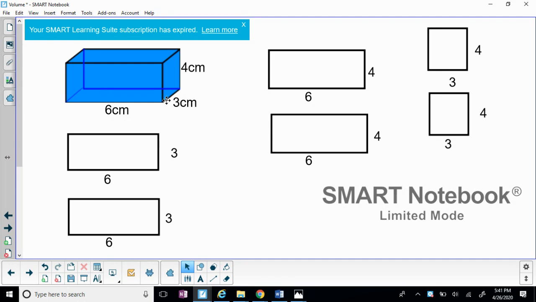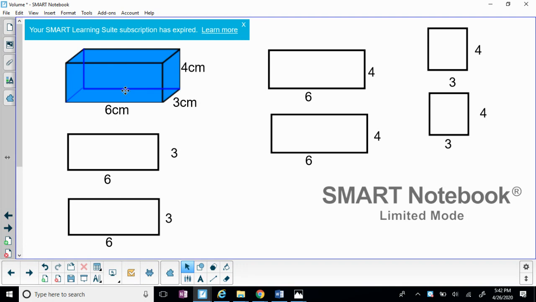We also have these 2 faces: 3 times 4, 3 times 4. So we've now covered 4 of the 6 faces, okay? Now the last faces we have to do are the top and the bottom.